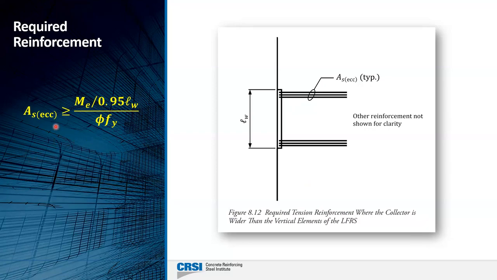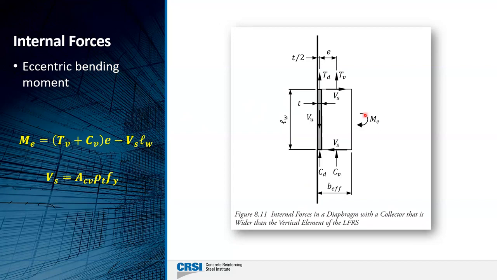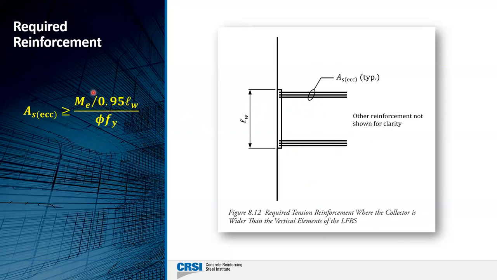we can determine how much reinforcement we need at the ends of the wall to resist that moment. Okay, so if we go back again, this moment will be distributed over basically this length here, the length of the wall, but we'll take 95% of that length to get it to, say, the centroid of that reinforcement. So again, this is a tension force.